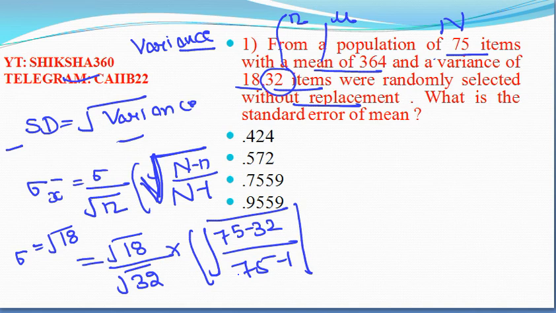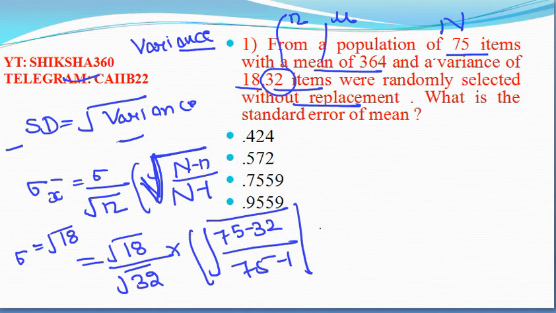So basically under root 18. Now we have to understand each point one by one, so please try to solve this also. Now we have to solve under root 18. What is the value of under root 18? It comes out to be 4.24.